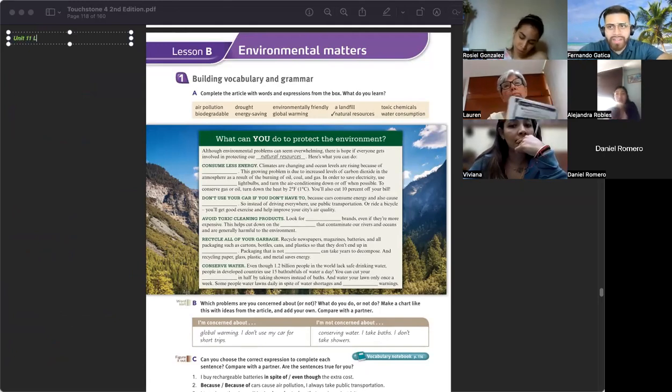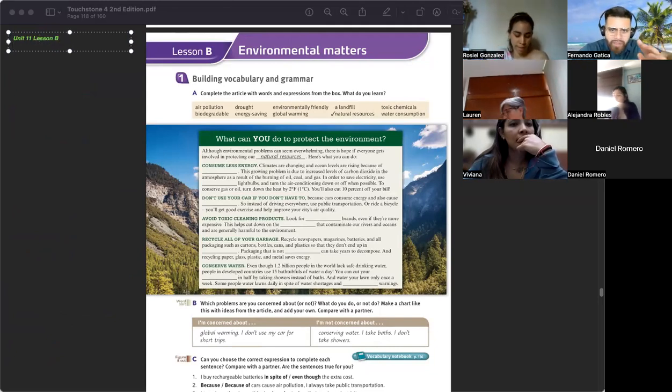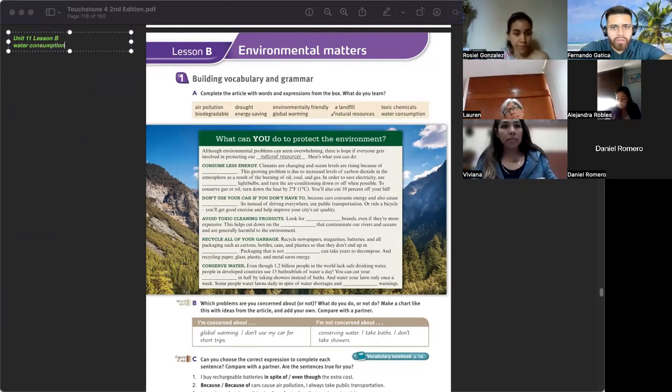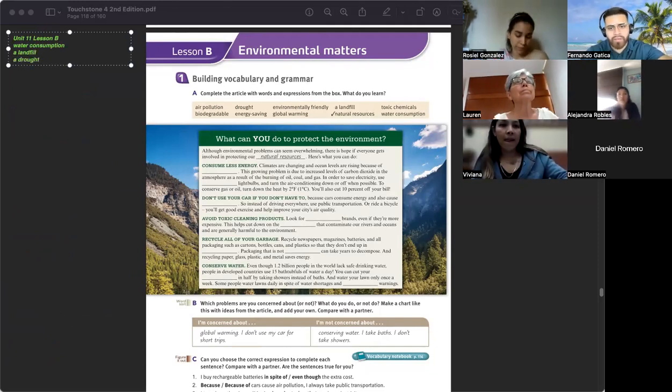In Unit 11, Lesson B, there are some words that you have to know. You have to know the words water consumption. You need to know what a landfill is. And you also need to know what a drought is.